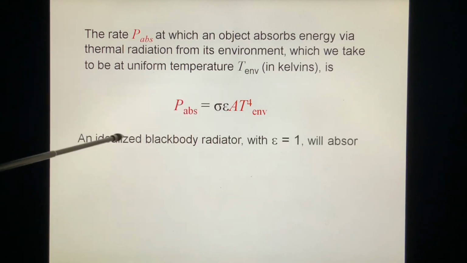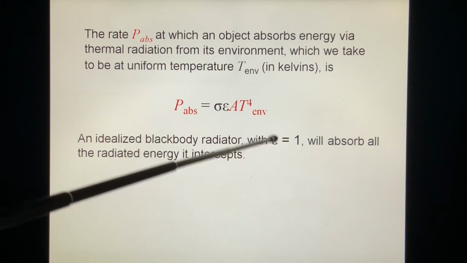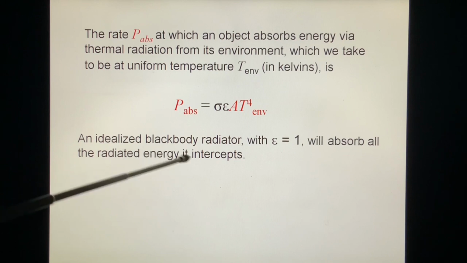An idealized black body radiator with epsilon equal to 1 will absorb all the radiated energy it intercepts. So black-colored objects will absorb heat strongly, and emit heat strongly too.